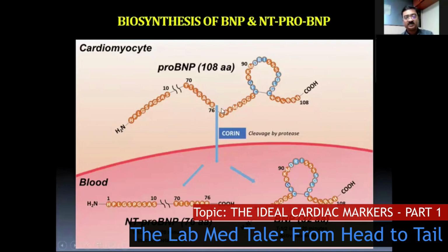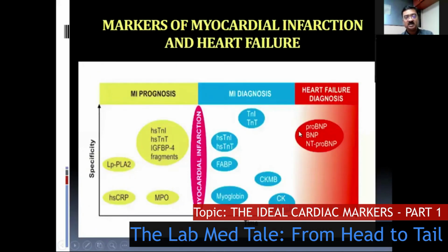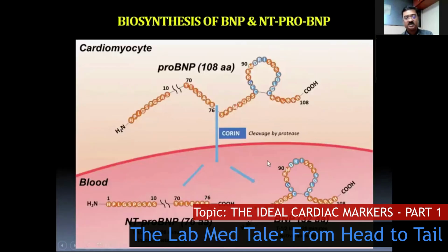When it gets activated, it cleaves at the 76th position, so 77 to 108 is one part and 1 to 76 is the other, cleaved into two parts. The proBNP section from 1 to 76 is the NT-proBNP, the N-terminal proBNP, the 76 amino acid residue one.